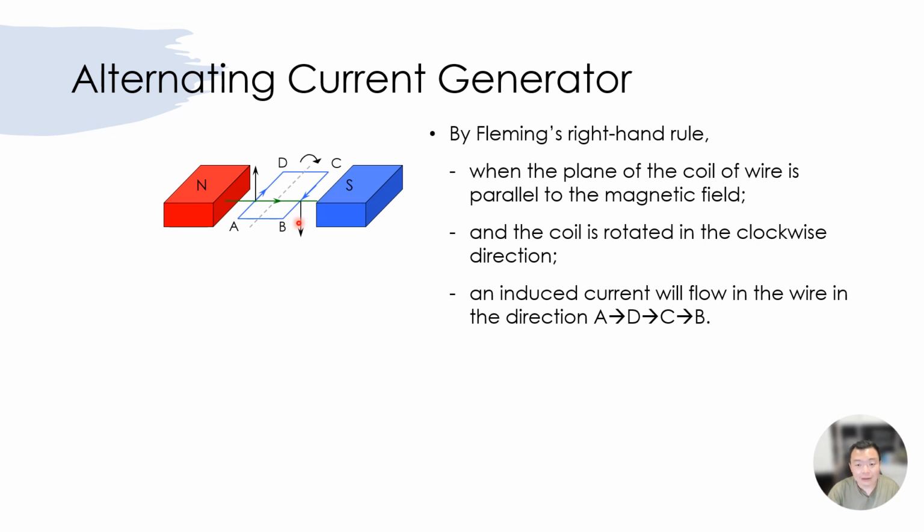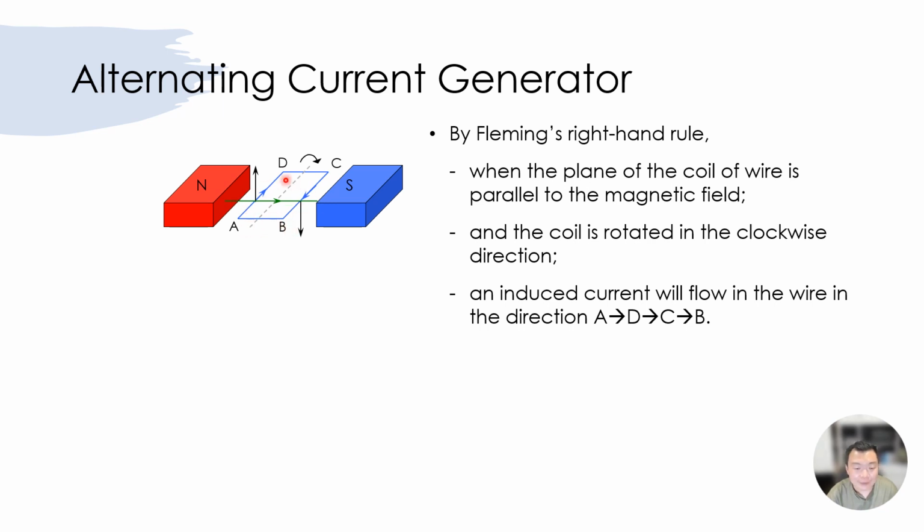So your right thumb points downwards towards the bottom of your screen, and the magnetic field line is as per normal, no change to it, from left to right. So your right index finger must point towards the right, and then your middle finger is now naturally pointing out of the screen towards yourself. So therefore, out of the screen means from C to B. That is the direction of the induced current.